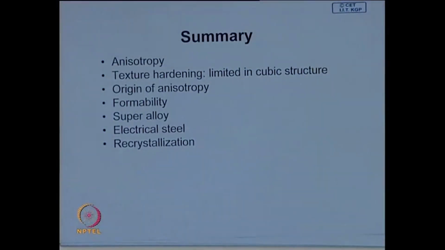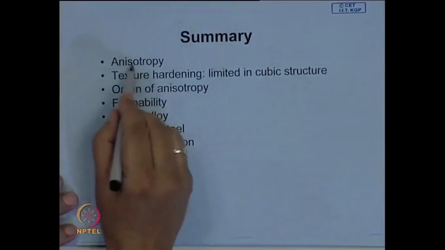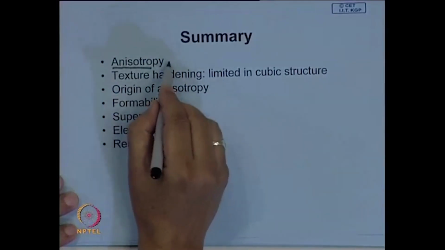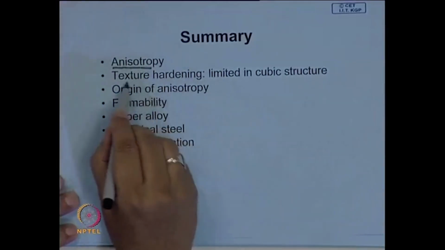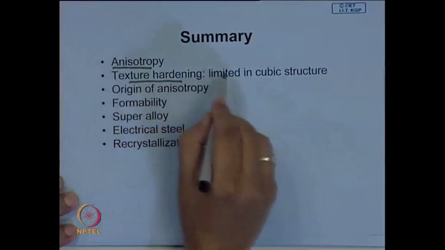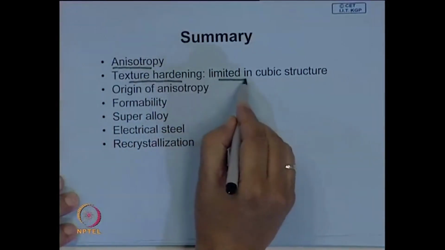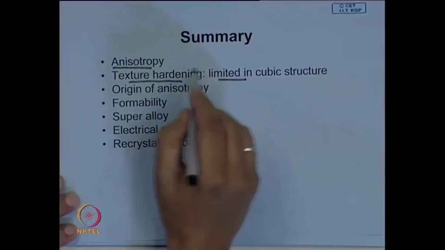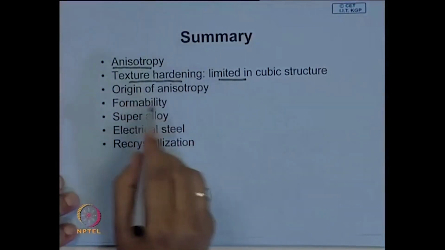Therefore, to sum up what we looked at today, we looked at anisotropy, which in certain cases can be exploited and is advantageous. We looked at texture hardening and its limited scope in cubic structures, but in certain hexagonal close packed structures it can possibly be exploited.